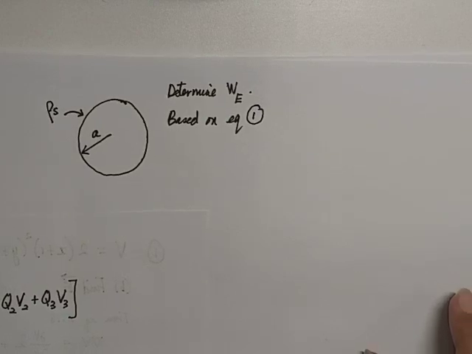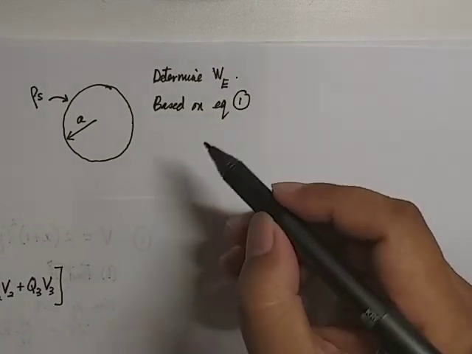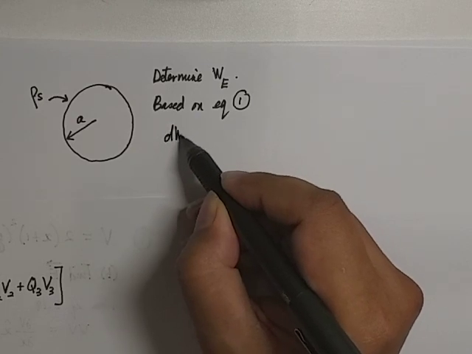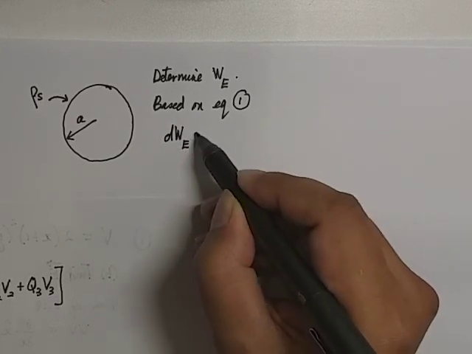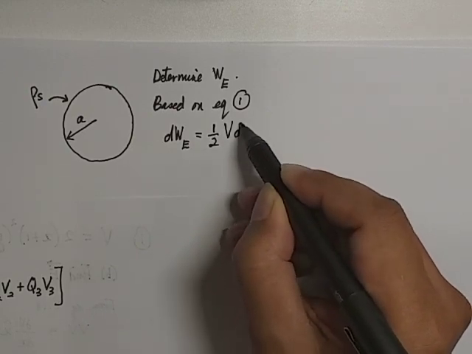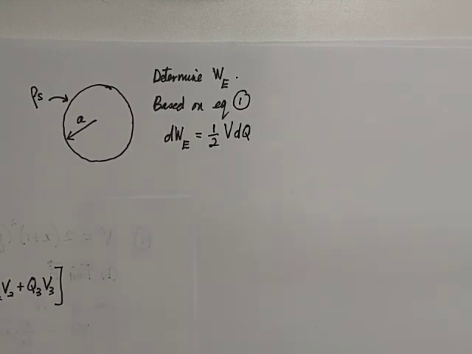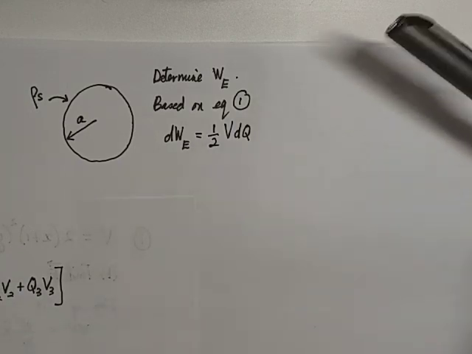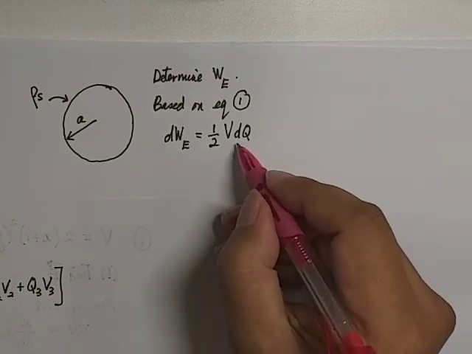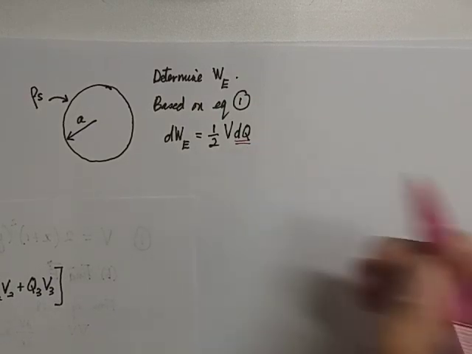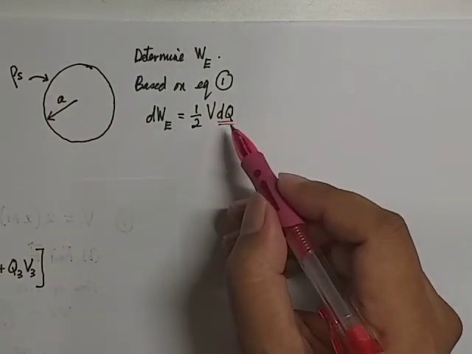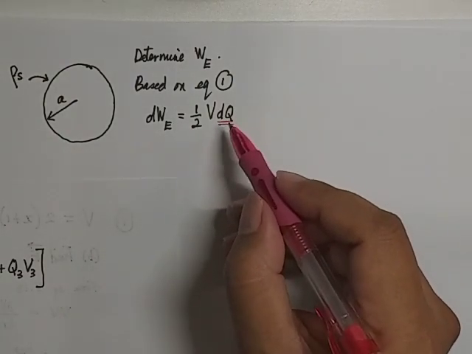Okay, so it says here, dW, I'm going to use this term now, equal to half V dQ. Whenever I see this term, dQ, I'm going to represent that on my diagram. So this is my sample of charge.